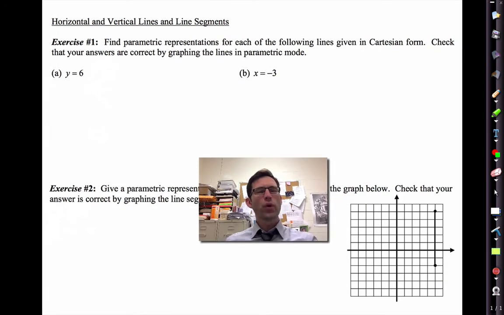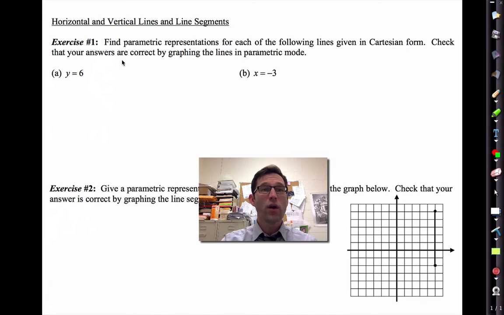All right, we're going to start with the simplest of all lines, horizontal and vertical. Now remember, when we give parametric equations, we're giving an equation for x and an equation for y, both in terms of a third variable, which we almost always call t. Now, what we want to make sure we do is give a description so that we get the points that we know are on the line.